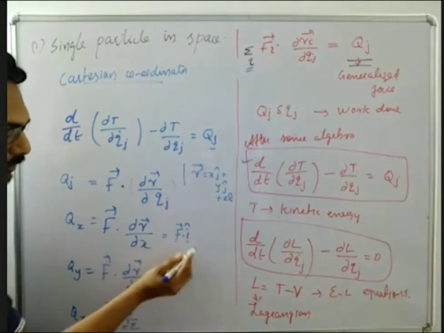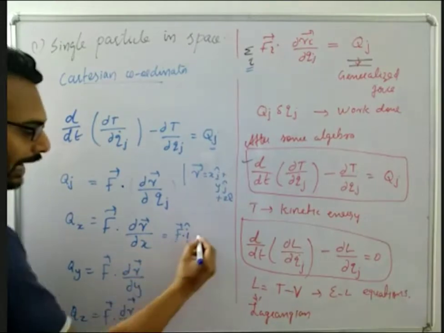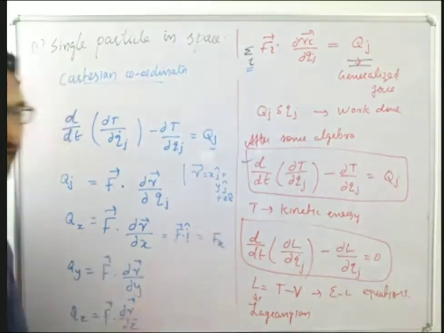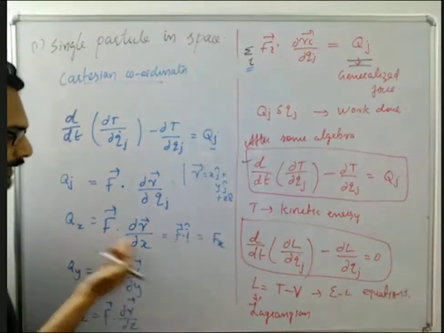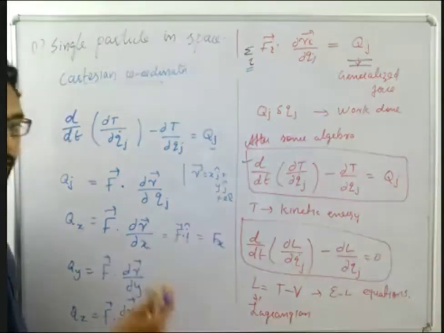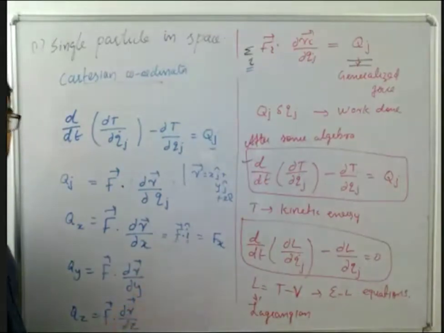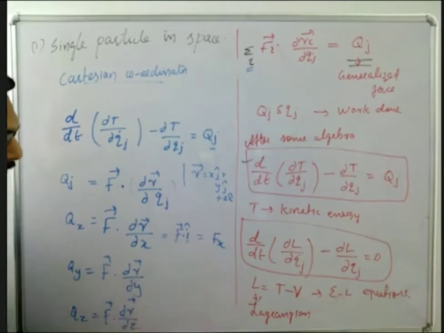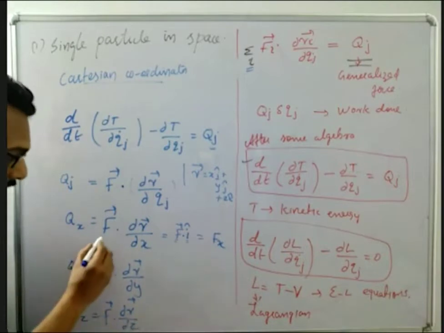The question is, what's the component of F vector in the direction i cap? We always write this as F_x. In other words, we write F vector as F_x i plus F_y j plus F_z k cap, and this could be any vector.